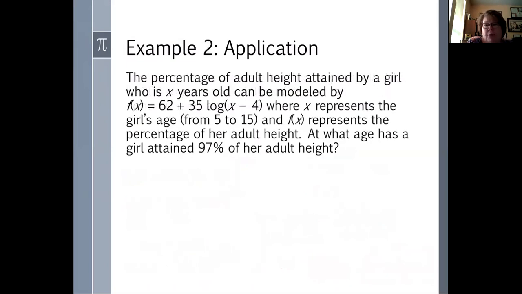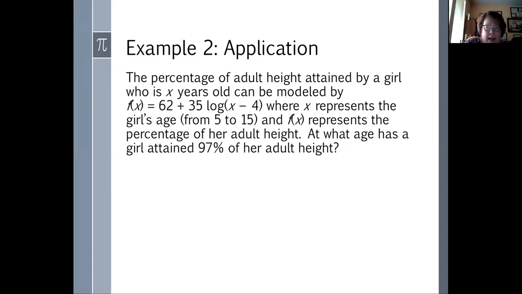All right, the second application problem is one that we looked at in a previous section, section 4.2, but this time we're going to look at girls, and we're not solving for f of x, we're going to actually solve for x. The percentage of adult height attained by a girl who is x years old can be modeled by f of x equals 62 plus 35 times the log of x minus 4, where x represents the girl's age from 5 to 15, and f of x represents the percentage of her adult height.